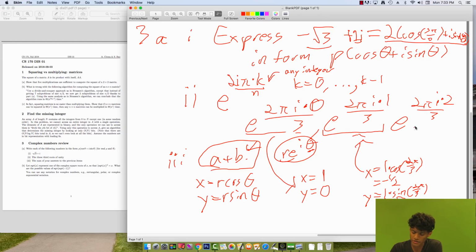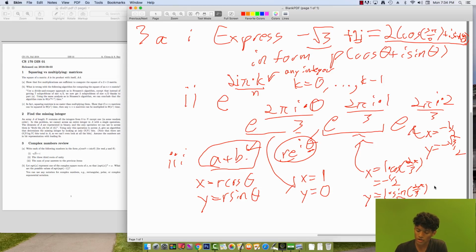Okay, let's look over here. x equals cosine of 4 pi over 3, which is again equal to negative 1/2. And y is going to be equal to sine of 4 pi over 3, which is negative root 3 over 2.